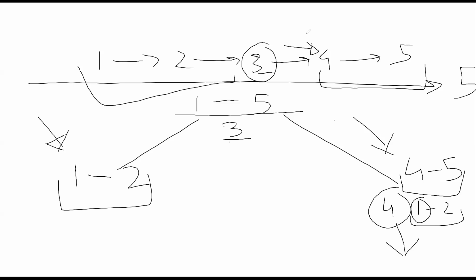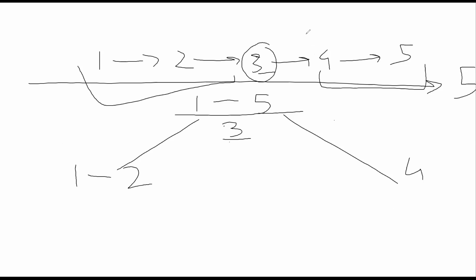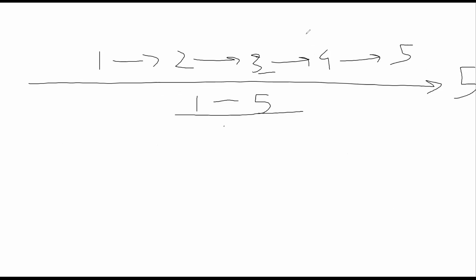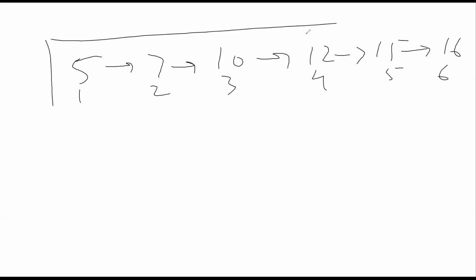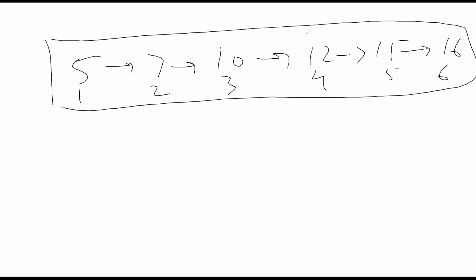So what we are doing at each level, instead of solving the problem for a bigger linked list, let me just change the values. So 5, 7, 10, 12, 15, and 16. And these are indexes 1, 2, 3, 4, 5, and 6. So what I'm doing is essentially when I'm at this position, I'm just trying to find out what will be the middle element for this one, right?